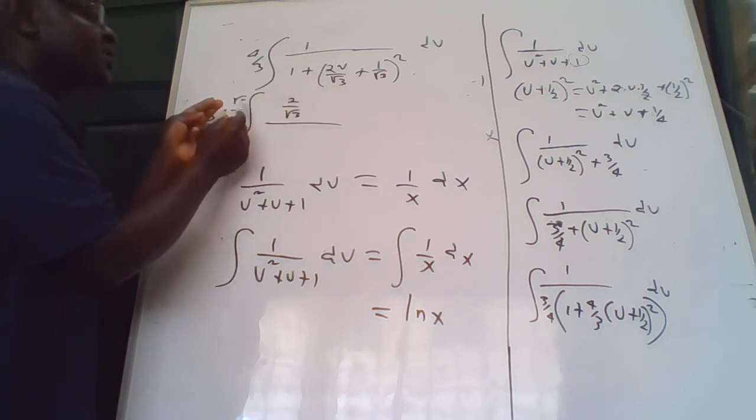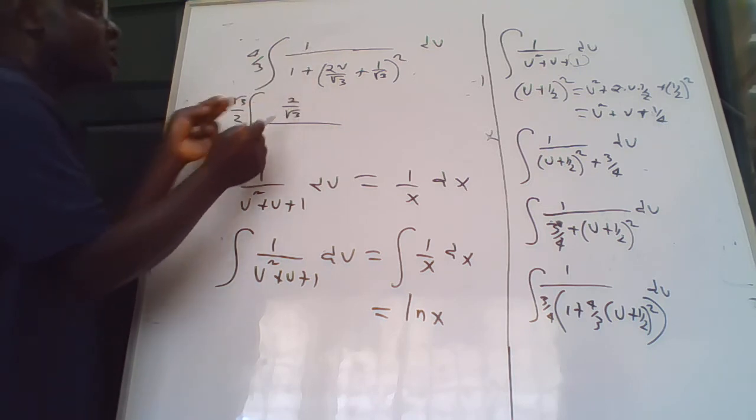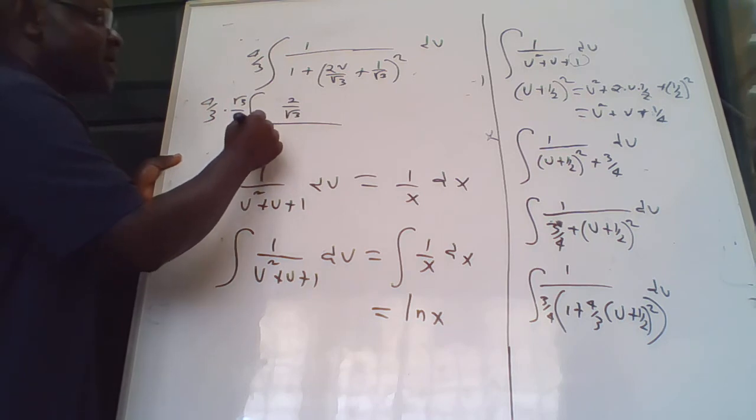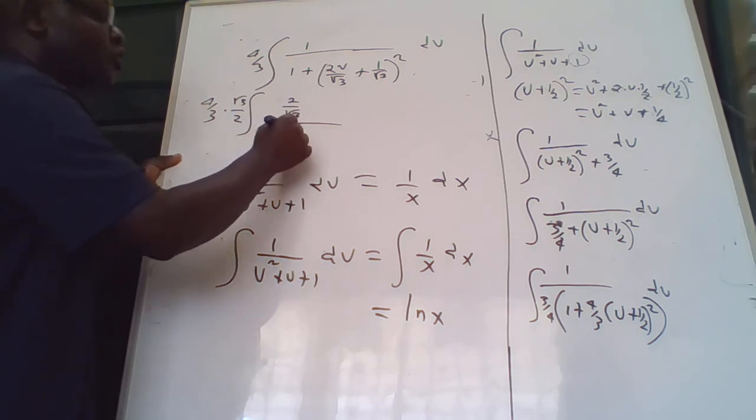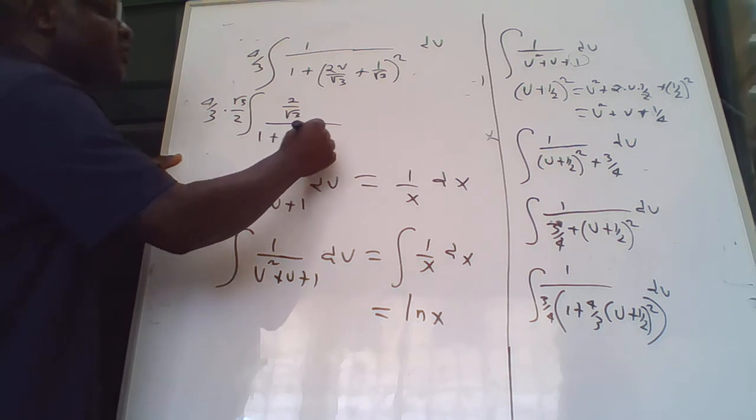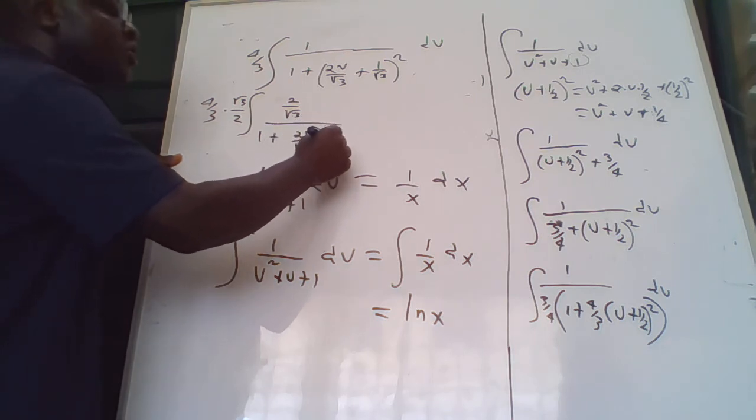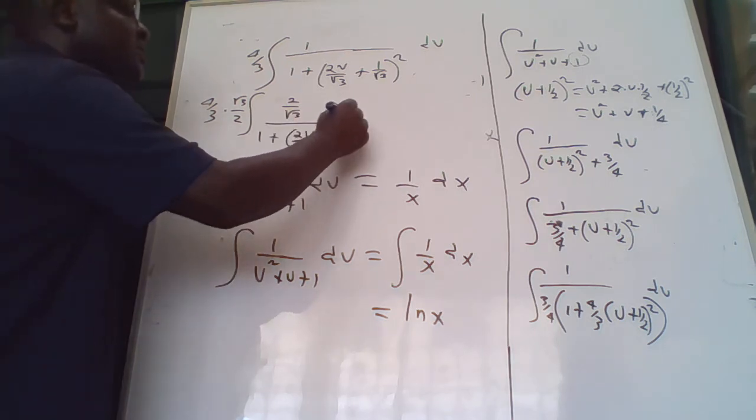When you multiply inside by root 3 all over 2, to cancel this, I have 1 plus 2v root 3, then plus 1 over root 3 squared dv.